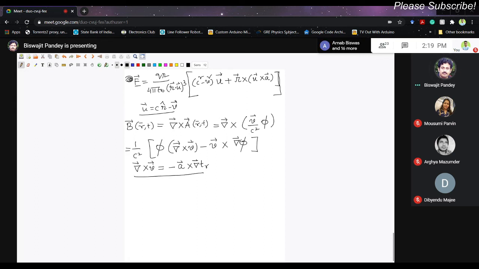Grad phi is also known, so I'm writing grad phi: QC by 4 pi epsilon 0 R dot U whole cube, and then we have R dot U times V minus C square minus V square plus R dot A into curly R. This is grad of phi. What is phi? Everything is known. Because I need to multiply with phi here, I'm writing QC by 4 pi epsilon 0 R dot U.